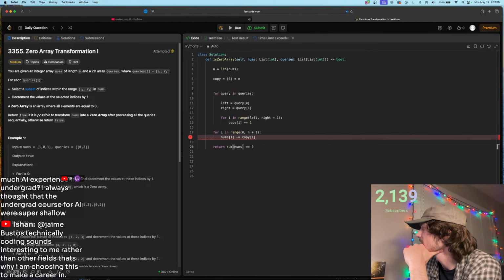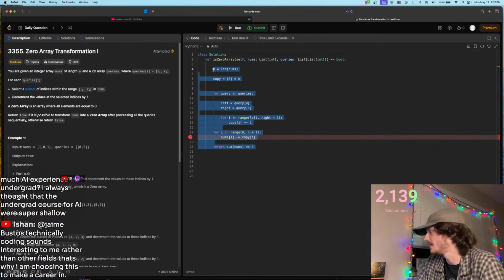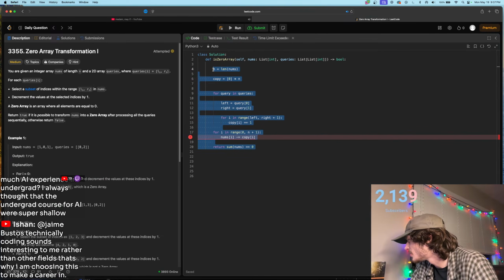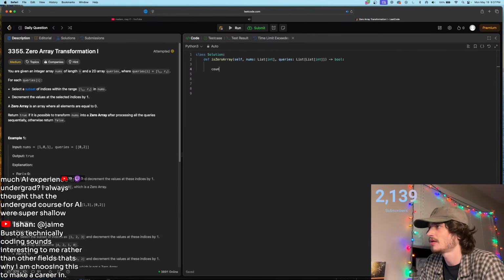The difference or tally array. We say that the count is equal to 0.